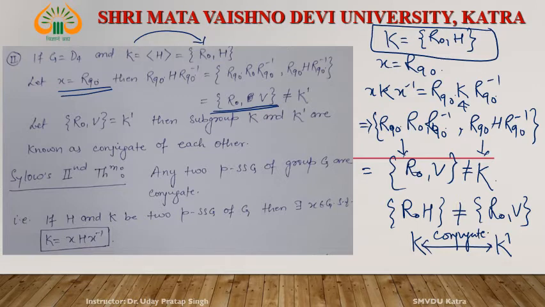One natural question arises here: whether two p-Sylow subgroups are conjugate to each other. Yes, the answer is yes. That is Sylow's second theorem. Sylow's second theorem says that any two p-Sylow subgroups of a group G are conjugate. If there are two p-Sylow subgroups, then they are conjugate to each other.